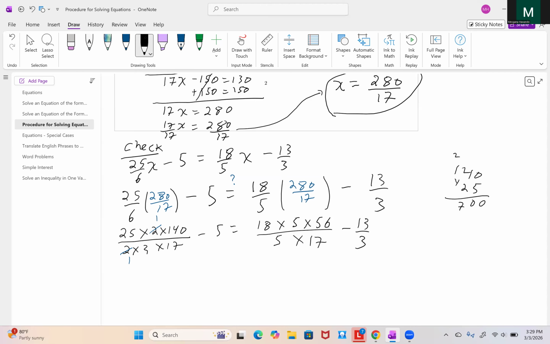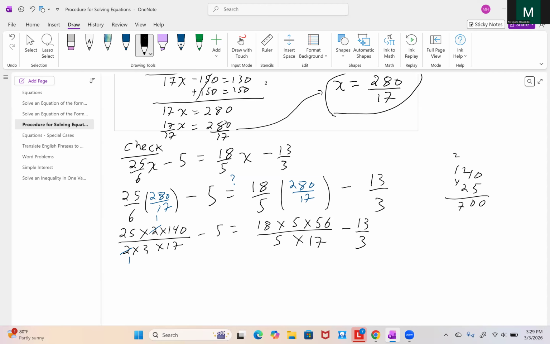This is 3, 0. 10 minus 2 is 8, then 2,803 over 51. This is a false statement. They're not equal. So what it tells us here is that the answer 280 over 17 is incorrect. So that means we made a mistake in our work. So going back to check.